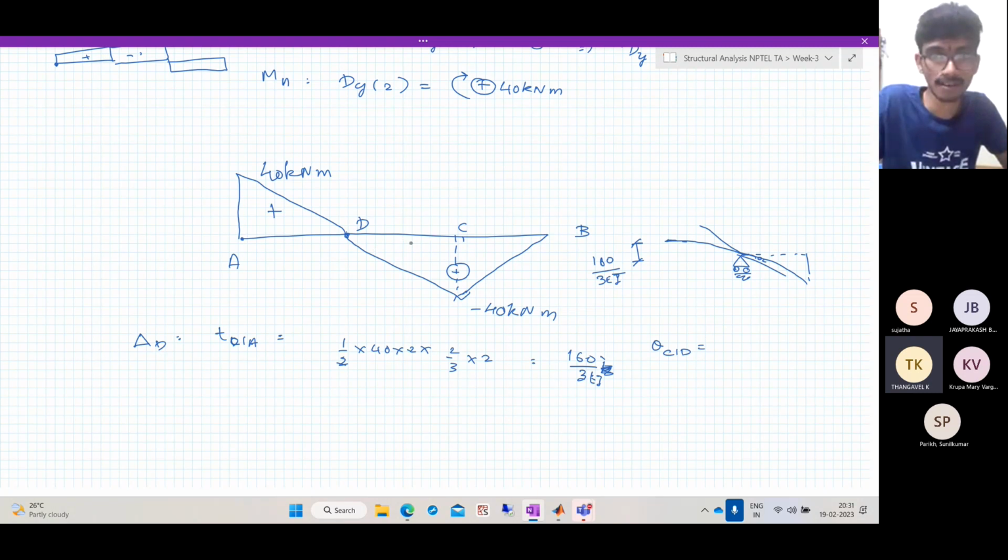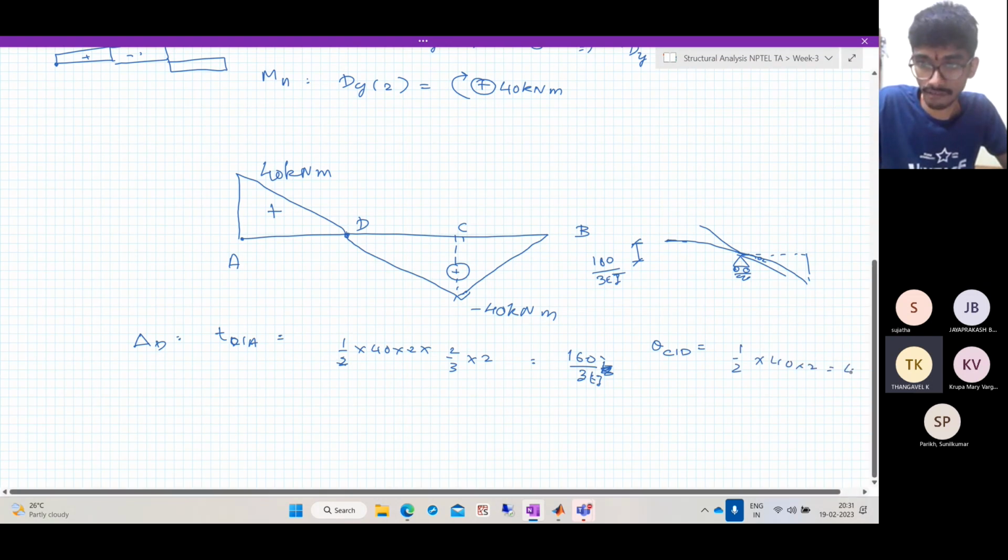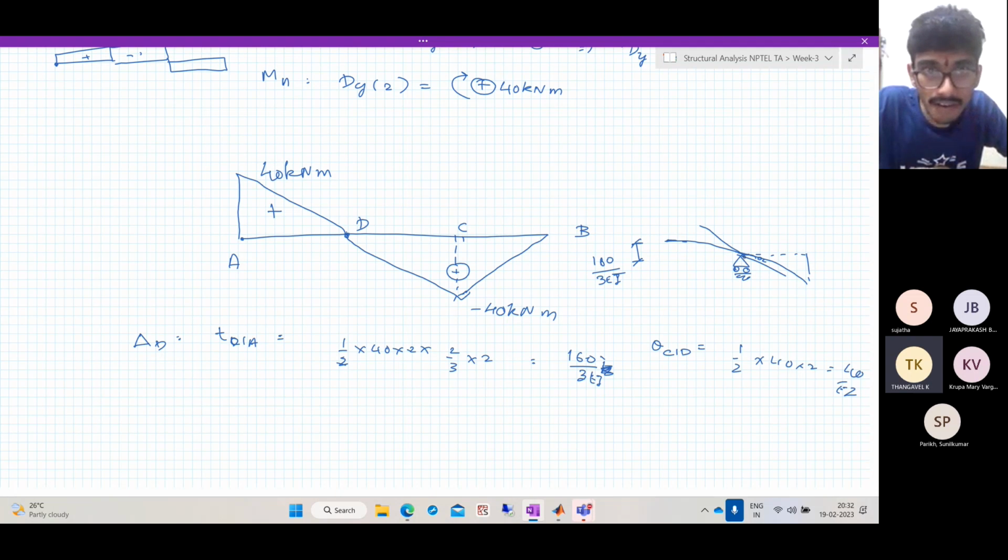Okay, this area is nothing but half into 40 into 2, which is again 40 by EI. Let me check. So this area is 40 by EI.